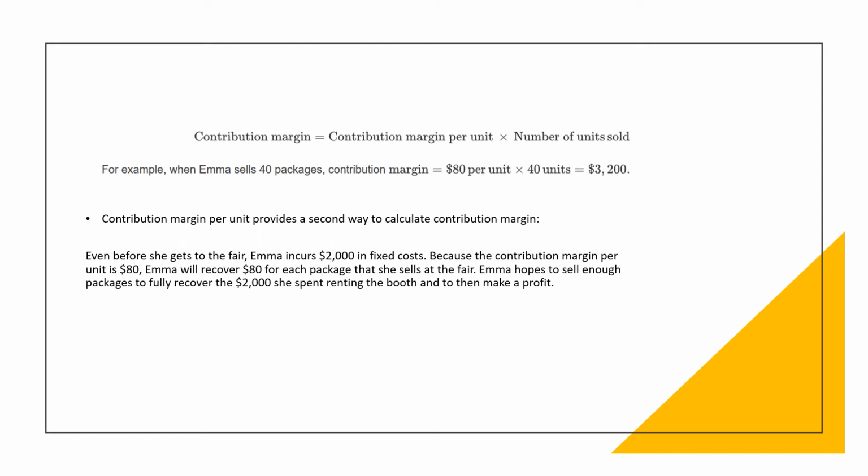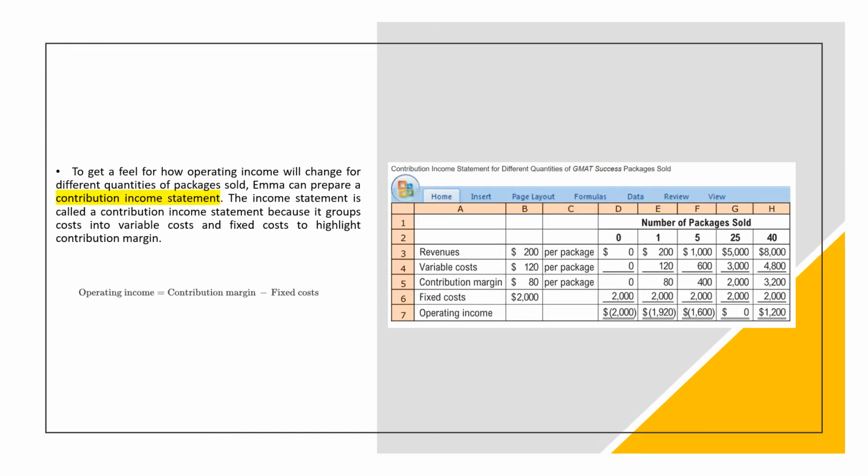So she hopes to sell enough packages to recover the $2,000 and to make a profit. To get a feel for how operating income will change with different quantities of packages sold, she's going to prepare a contribution income statement.